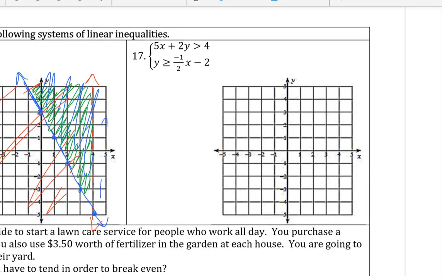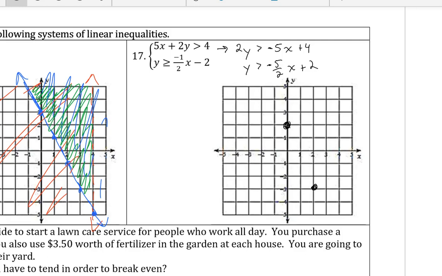All right. So we've got to solve this top one first. Let's go ahead and do that. So I'd subtract 5x from both sides. Divide everything by 2. Let's go ahead and graph that one first here. So I'm at positive 2, down 5, right 2.